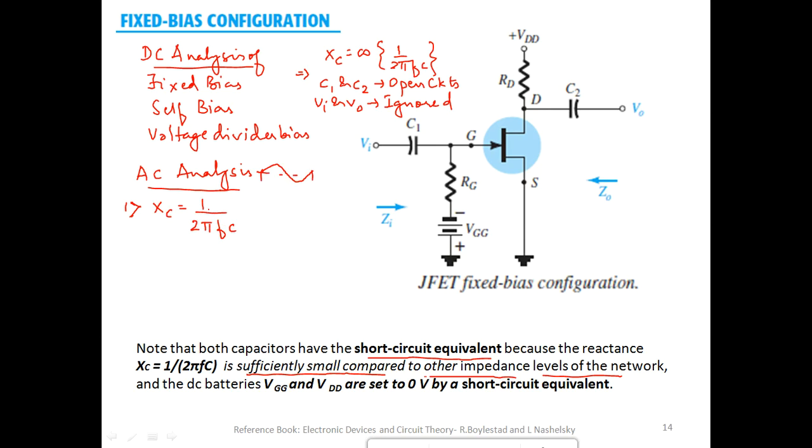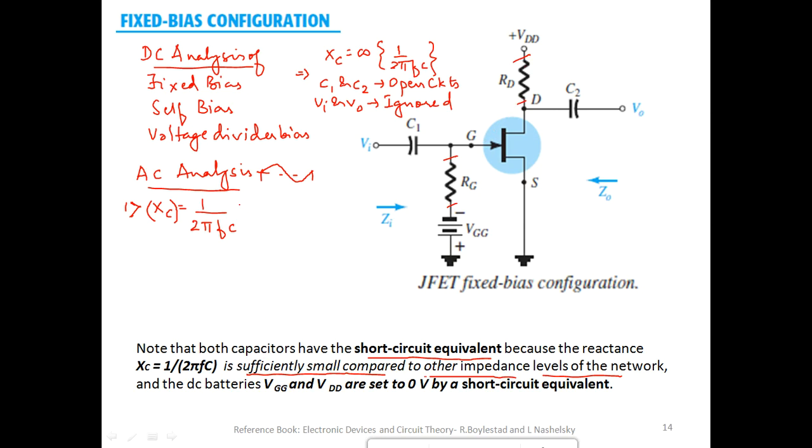So 1 upon some large value gives Xc a small value, and this Xc value is sufficiently small when compared to the other impedance levels of the network. So what about the other impedance levels, which means the Rg and the drain resistance. When compared to these two impedances, the capacitive reactance is extremely small.